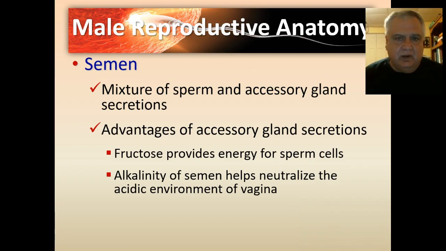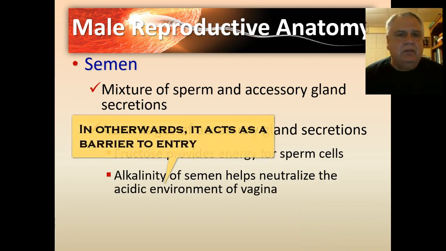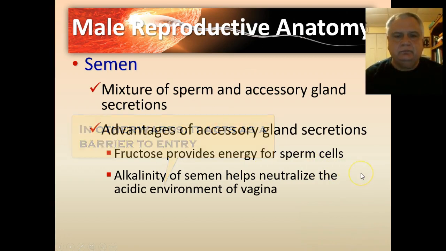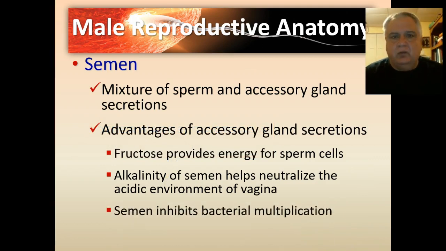environment of the vagina. The vagina is fairly acidic under normal conditions, and that's important. That helps to keep down the production of pathogens, bacteria, or other germs that might otherwise multiply and divide inside the vagina. So that has to be neutralized, otherwise it could damage the sperm and the semen.